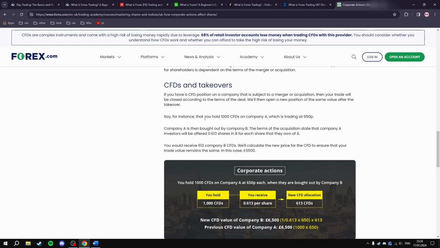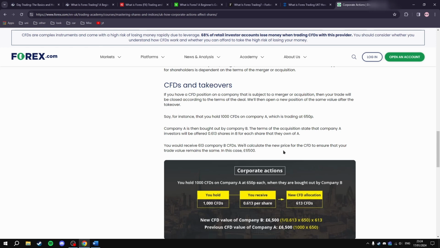Say for instance that you hold 1,000 CFDs in Company A, which is trading at 650 pence. Company A is then bought out by Company B. The terms of the acquisition state that Company A investors will be offered 0.613 shares in B for each share that they own of A. You would receive 613 Company B CFDs because 0.613 times 1,000 is 613.